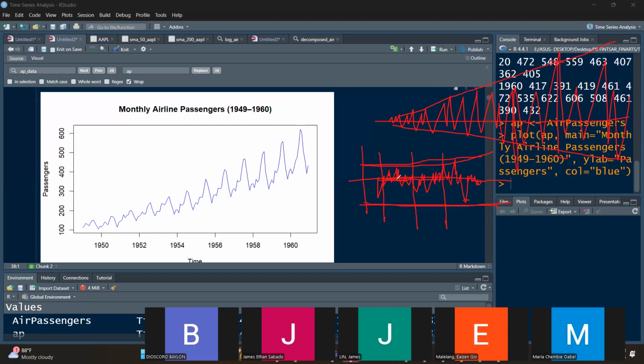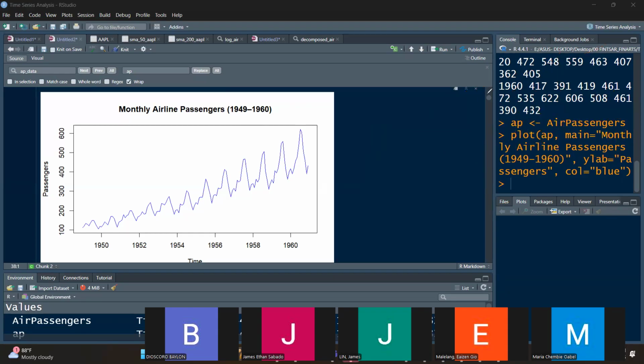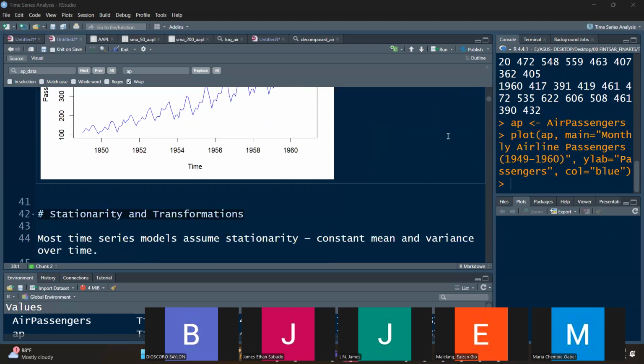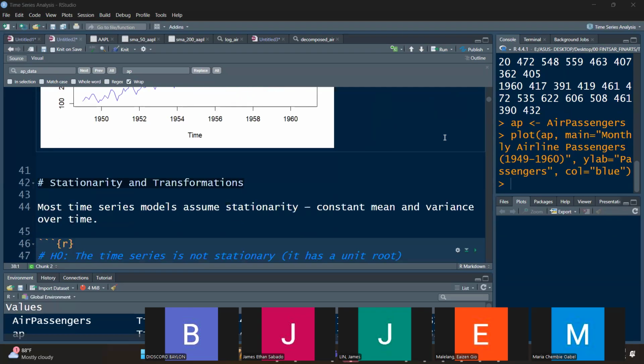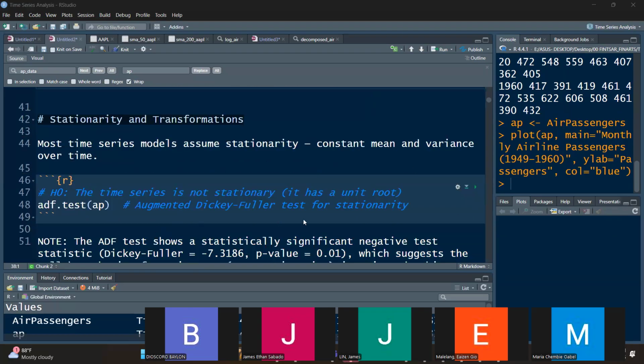Then last time we said that there are statistical tests that we can use to determine if indeed, statistically, the data is stationary. And we started with the ADF test. The ADF test has its own, let's say, weakness. The null hypothesis is that the data is not stationary.